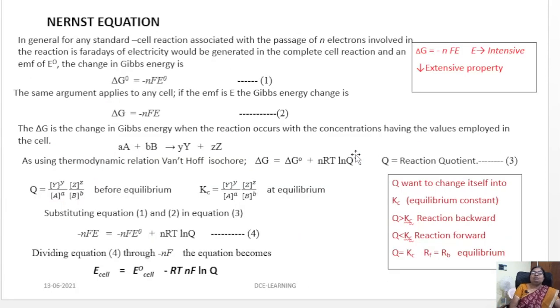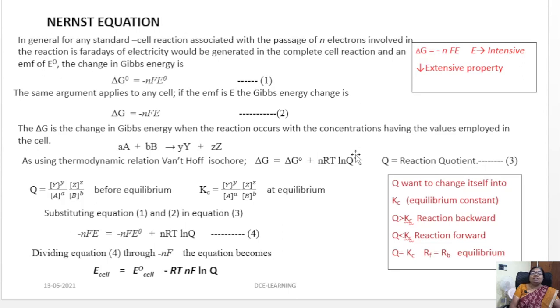Next we go for the derivation of the Nernst equation. We already know that using an electrochemical cell, the EMF of the cell can be easily determined by the Nernst relationship.